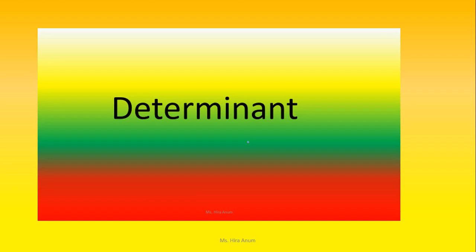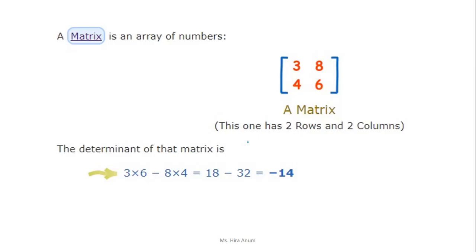Determinant. We need to talk about determinants. A matrix is an array of numbers. This determinant, you can find for 2 cross 2 easily. This multiplied with this, minus this multiplied with this.